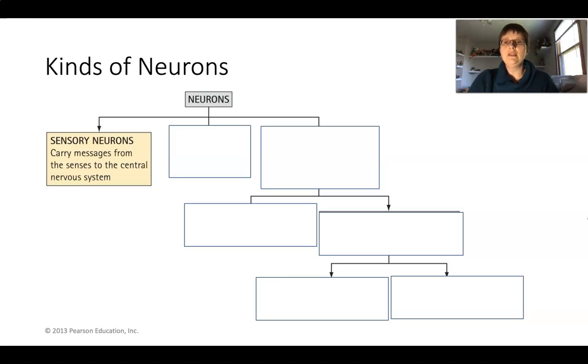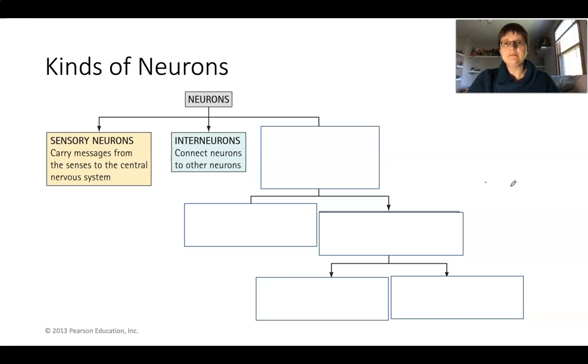Sensory neurons are going to, and this makes sense, right, carry messages from the senses to the central nervous system. So these are going to be connected. For example, you have sensory neurons in your fingers. So these sensory neurons are going to carry the information from your touch sensors to the central nervous system, your spinal cord.